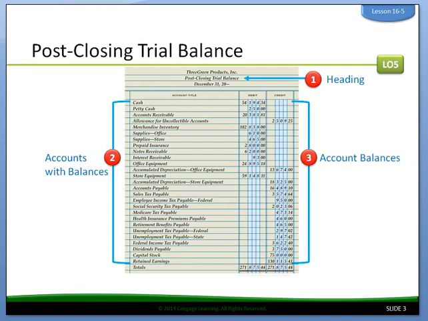Write the balance of each contra asset or liability and capital account in the credit column. Then write the word totals on the next line below the last account. Total the columns and write the totals, 271,000, etc., on the totals line. Verify the column totals are equal. Rule double lines below both columns. And we're good.